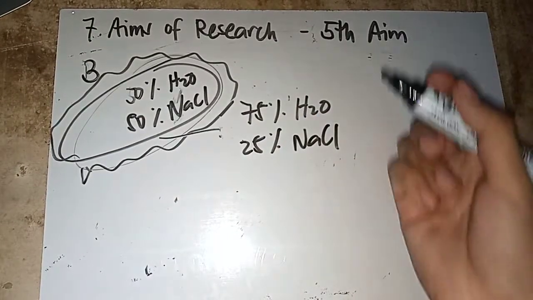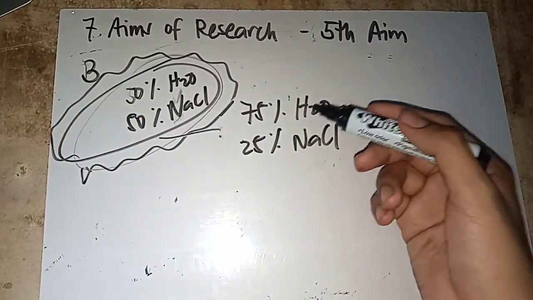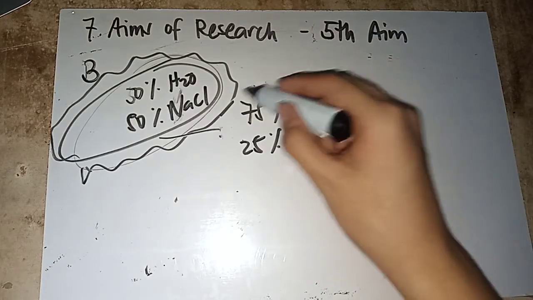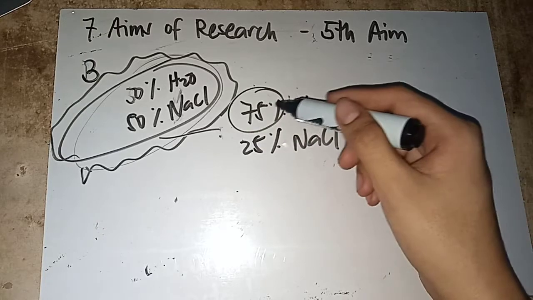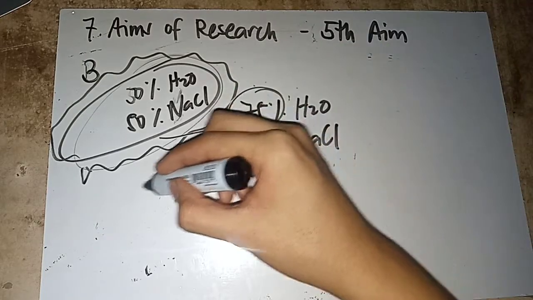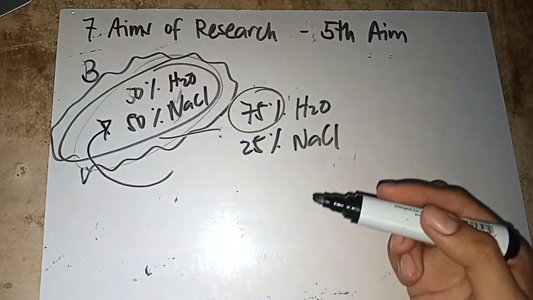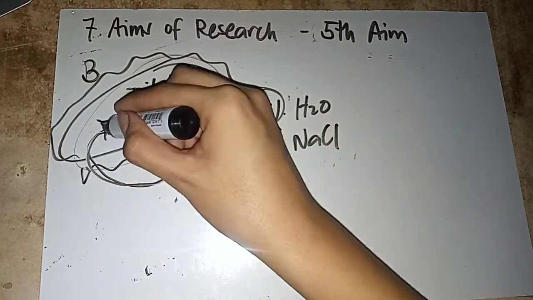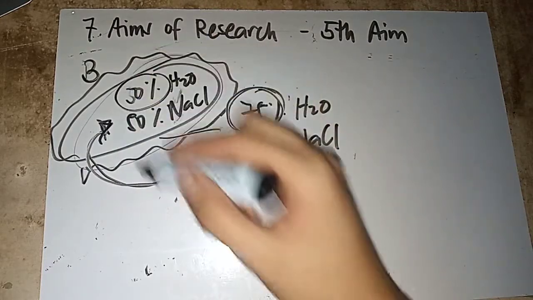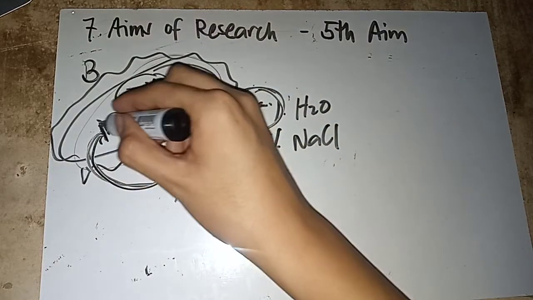So, which one has the highest concentration of water? Obviously the solution, because it has 75% water. So, what is the tendency of water? The water will move inside the cell, from higher concentration to lower concentration.